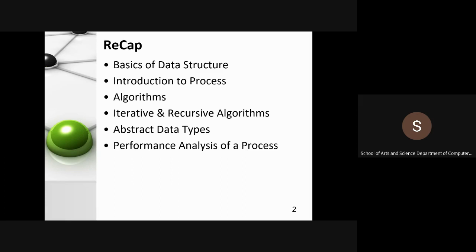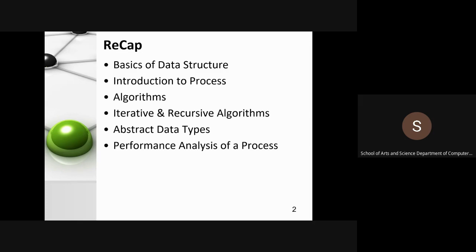So what about the process? The data structure deals with how an effective process is carried out by a computer, and how to write, how to form a process for better execution on a machine. So it's a concept related to process dealt with by the data structure.